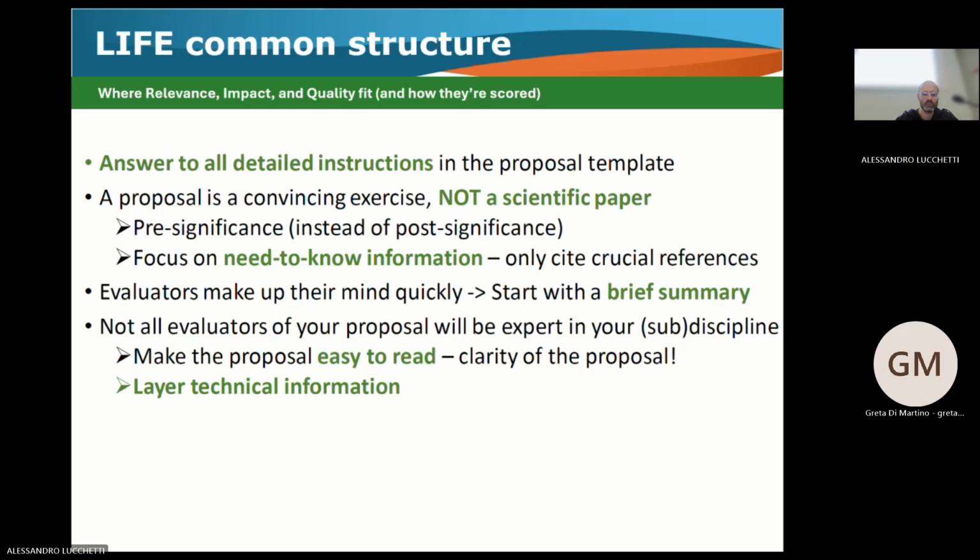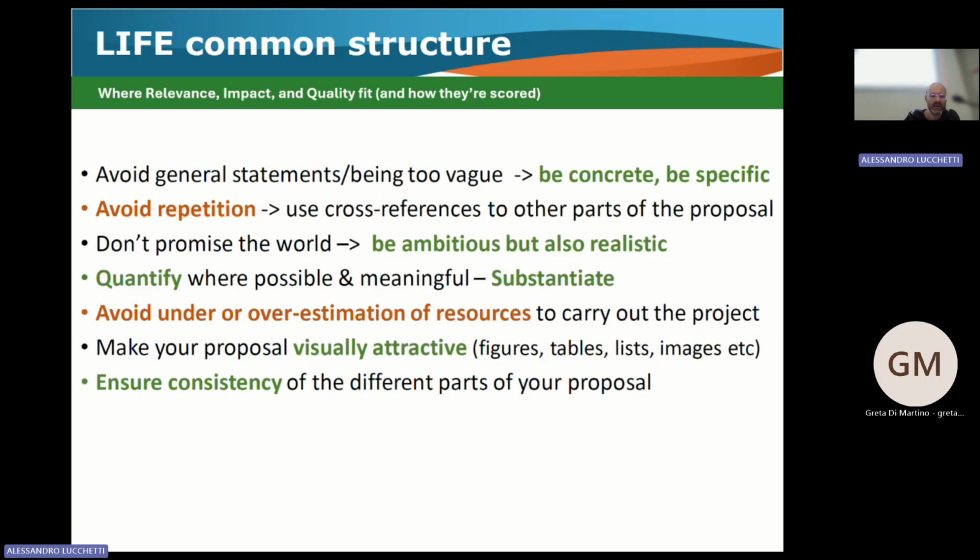Okay, I have to run. Let's see. Yes, I put here some tips. I don't want to go into detail because it's late, but there are specific tips for writing a proposal. Avoid repetition.